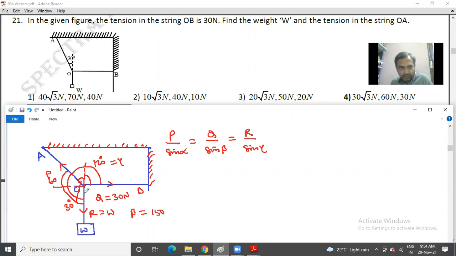Next, alpha is the angle between Q and R, so it will be 90.